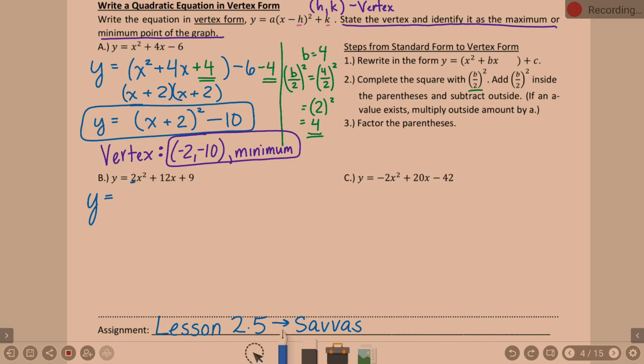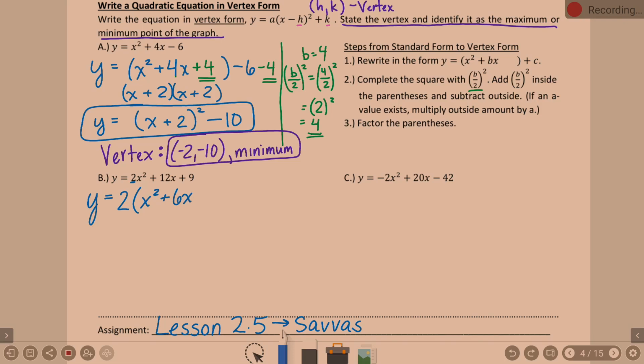Now, think about this. If I'm putting that a value outside the parentheses, it's going to be multiplied by everything in the parentheses. So 2x squared, you divide the 2 off, you're going to have x squared. Guess what I also have to do with 12x? Divide it by 2. So 12x is going to go in the parentheses, but there's a times 2 out front, so 12x divided by 2 is 6x.